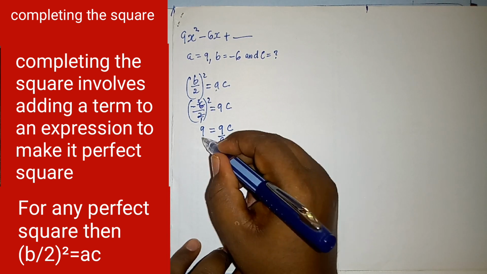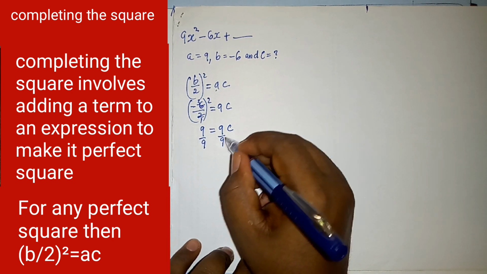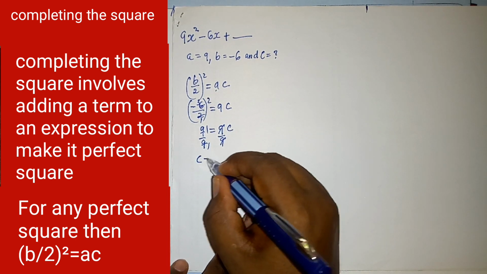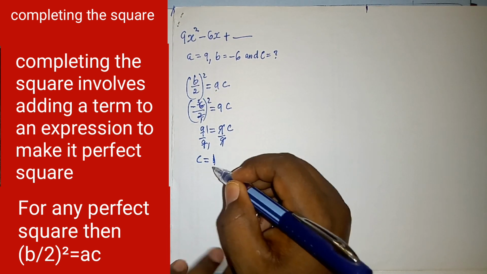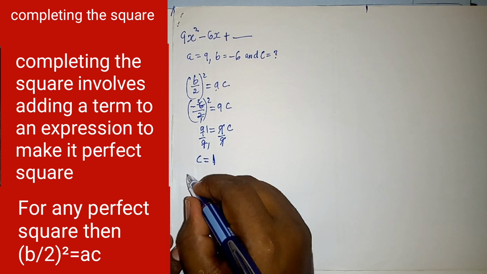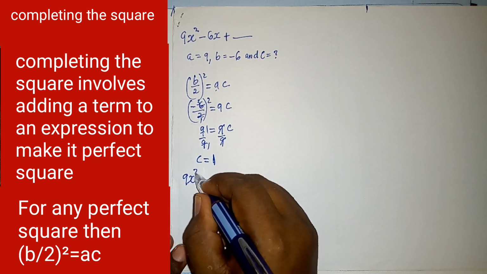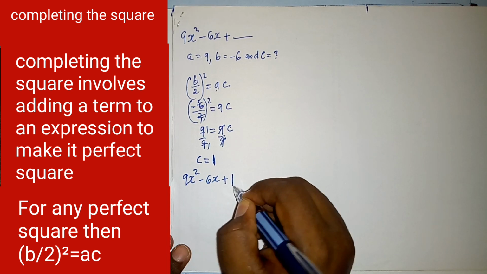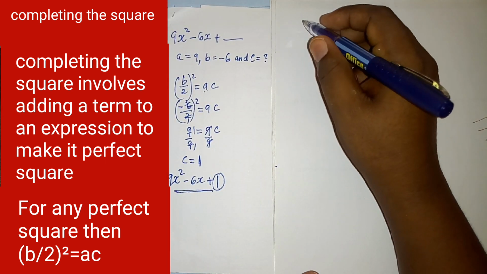So divide by 9 to get the value of c. Okay, 9 divided by 9 is 1. So the value of c is 1. So the expression now becomes 9x squared minus 6x plus 1.